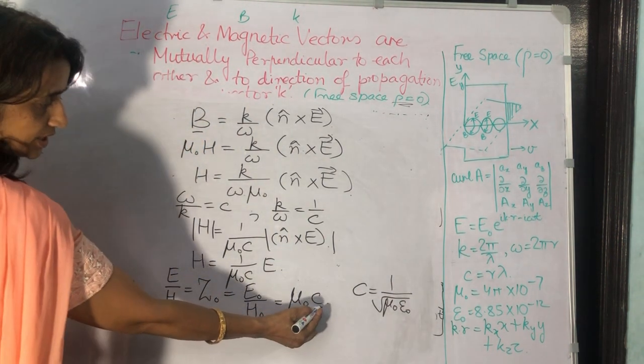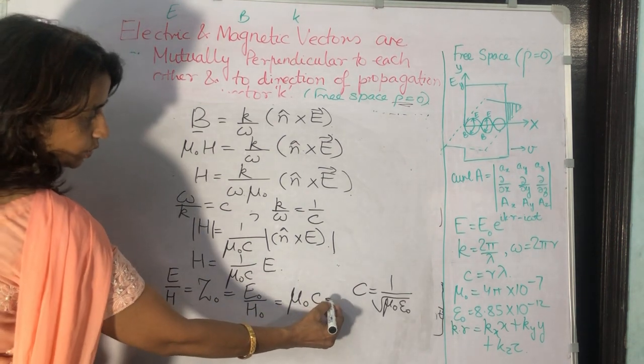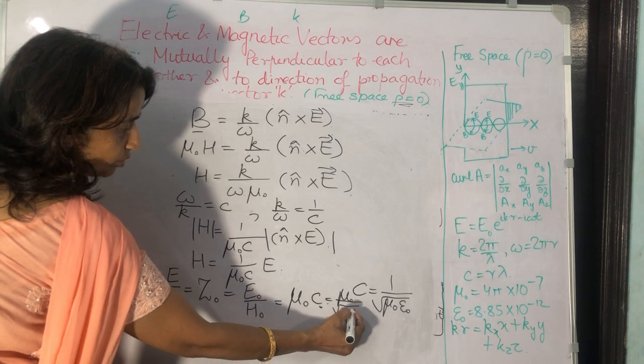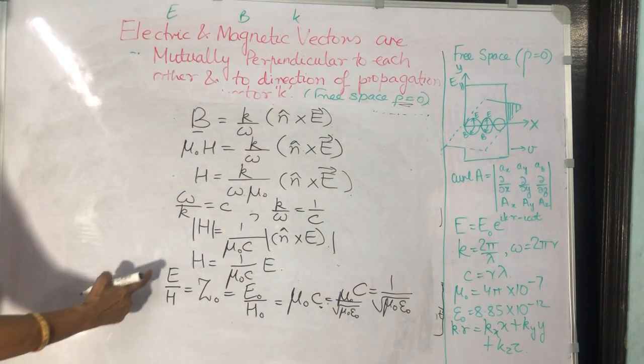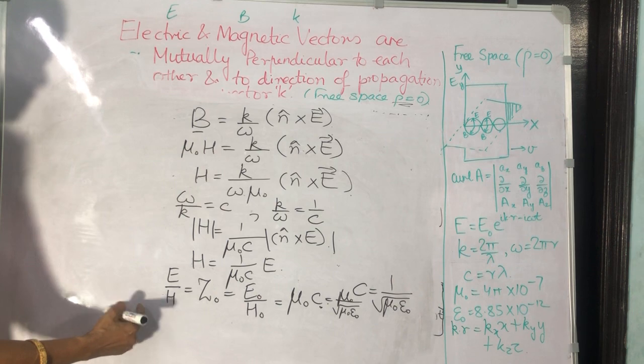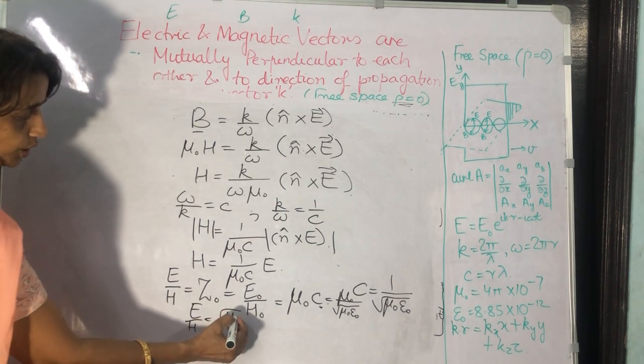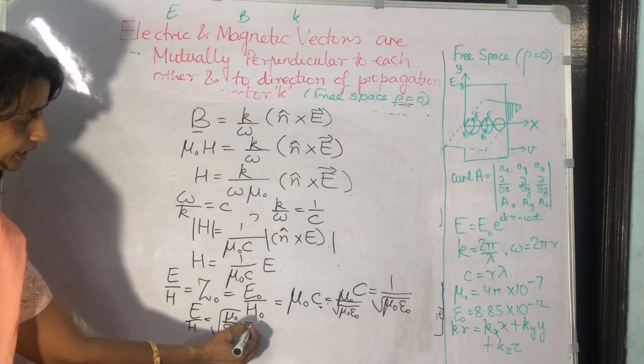So, instead of C, I can put mu naught upon under root mu naught epsilon naught. So, E upon H comes out as under root mu naught upon epsilon naught.